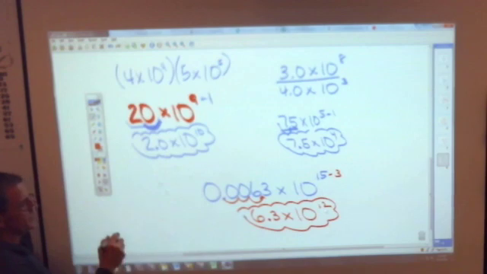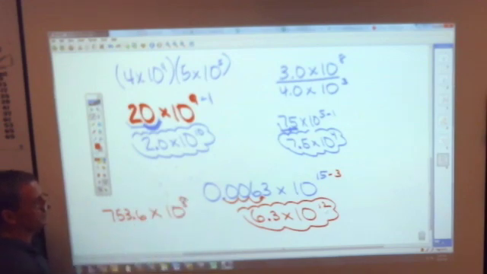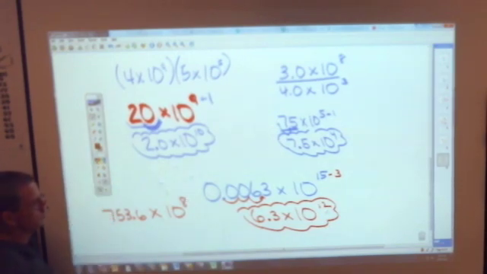Or if I had 753.6 times 10 to the 8th power, and I said make that scientific notation, what would it be in scientific notation? Samuel? 7.53 times 10. But don't forget about the 6.